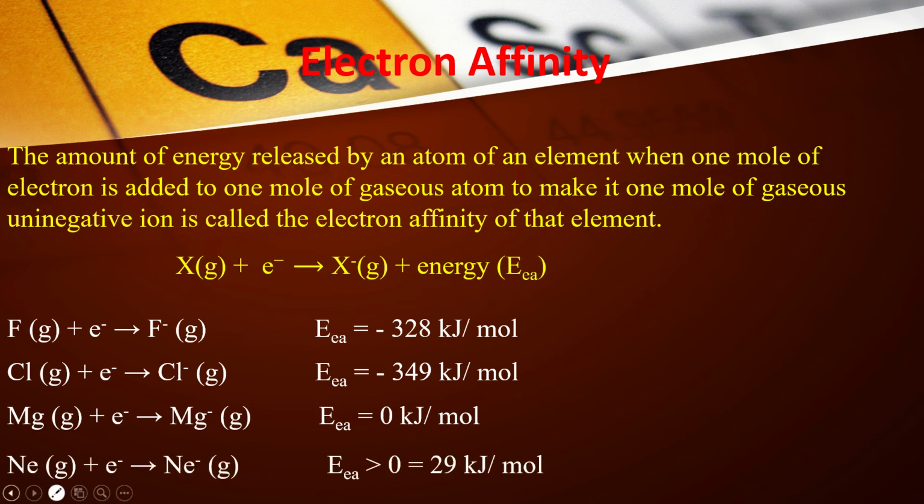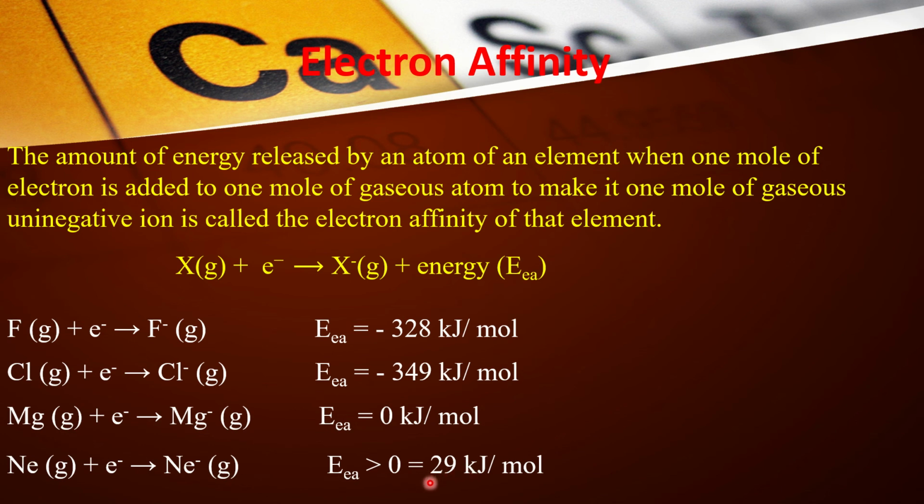And it is the same for the inert gases. Look here, this is neon, but for all the inert gases, you know that an inert gas doesn't release or accept any electron. Inert gases have no need to release or accept any electron. But if you want to make neon a uninegative ion, then its electron affinity is greater than 0. That means neon will not give you any energy.